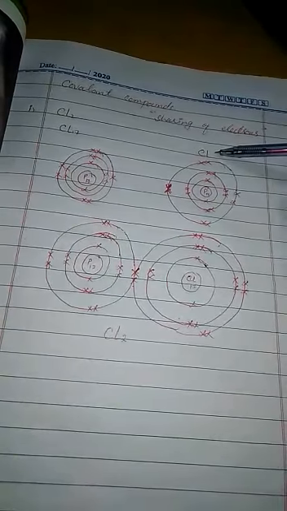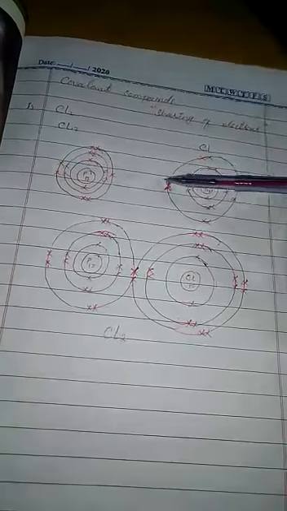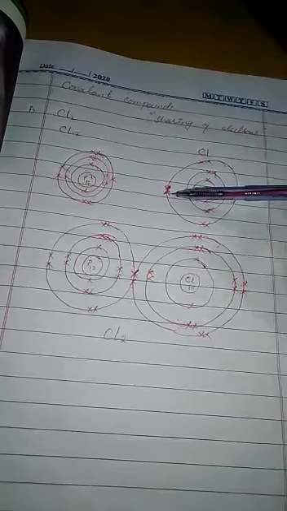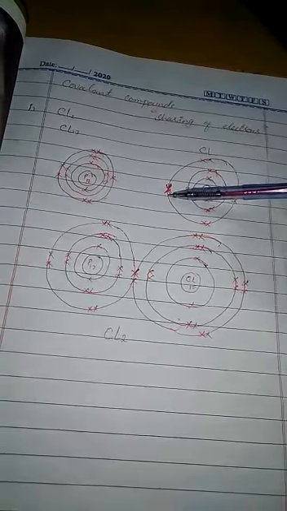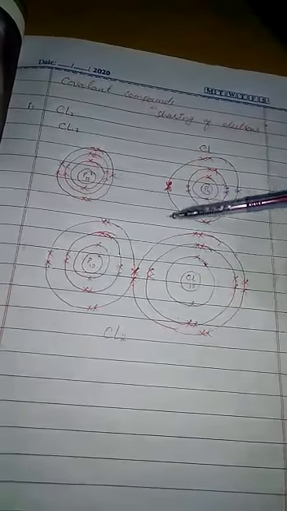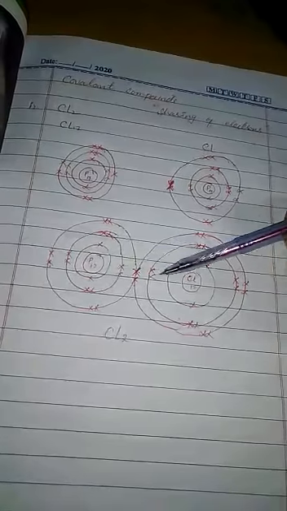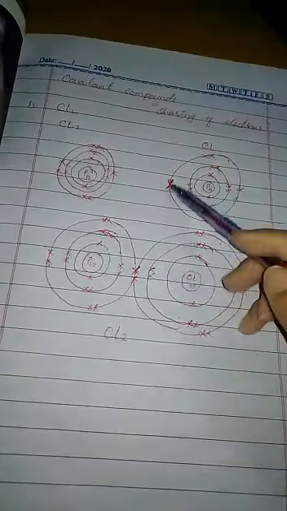The other atom of chlorine has the same arrangement of electrons, so both atoms of chlorine need only 1 electron to complete their outermost shell. Students, both these atoms come close to each other and share 1 electron with each other and form a compound called chlorine compound.